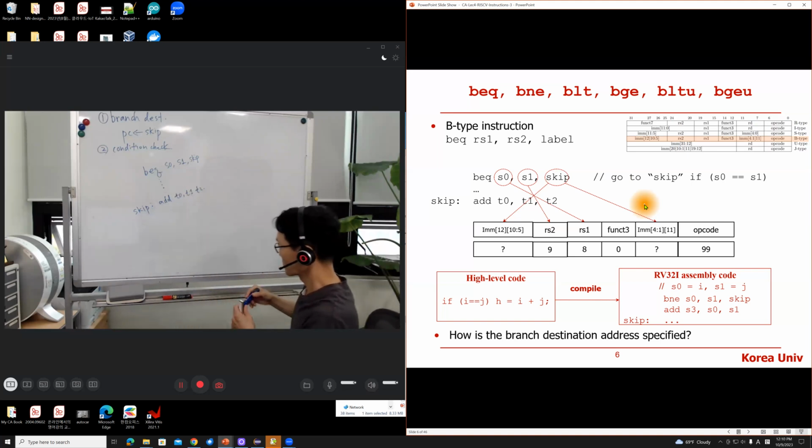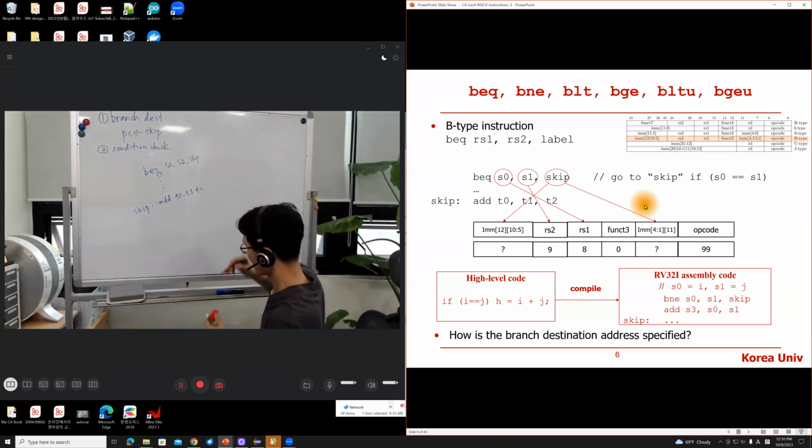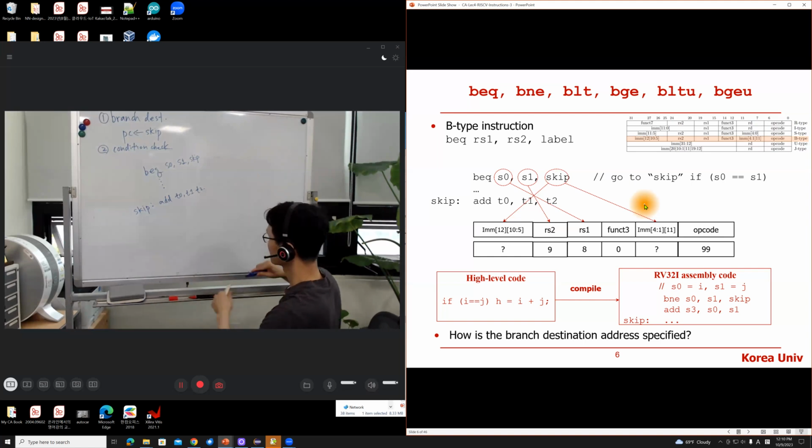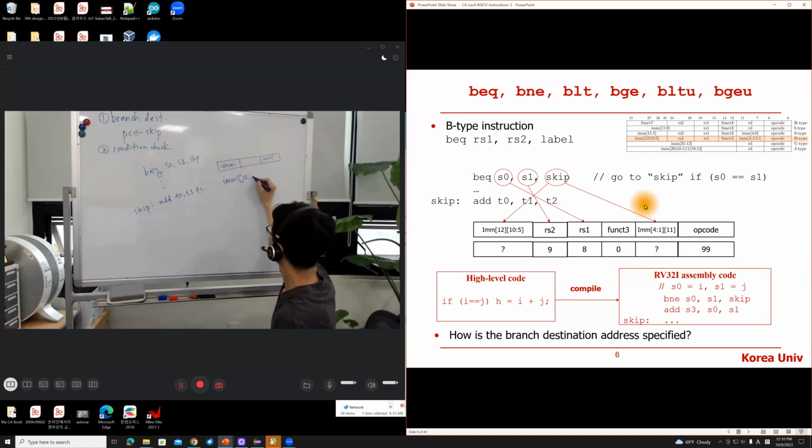So the information you are encoding in the immediate, in the instruction, is a little bit nasty, right? In the immediate, and then here the immediate, right? So the information you are encoding, you want to encode what? Bits 12 to 1 is 12 bits.